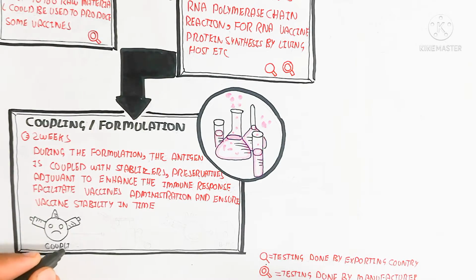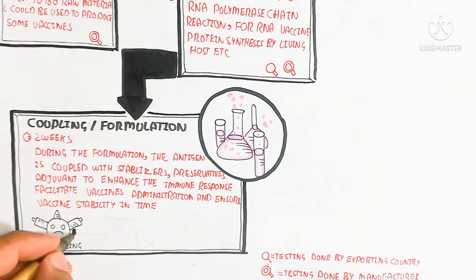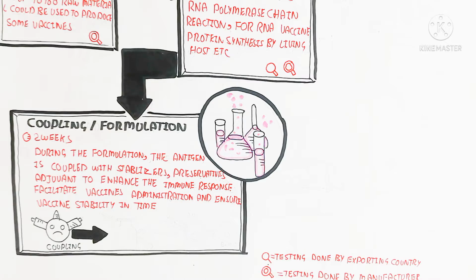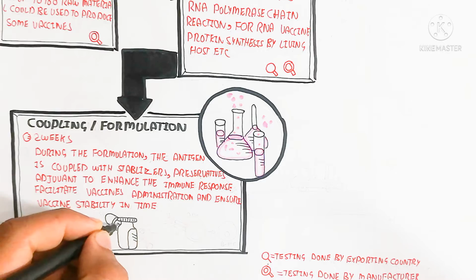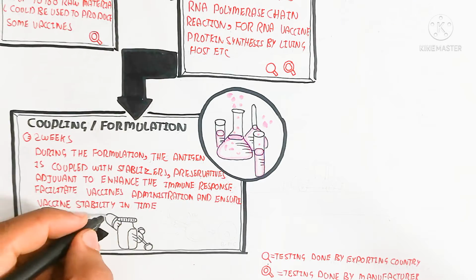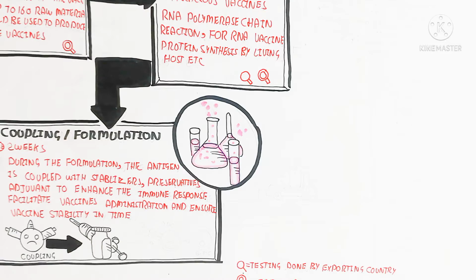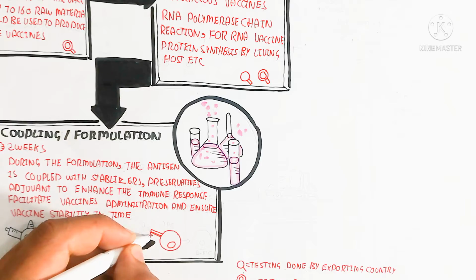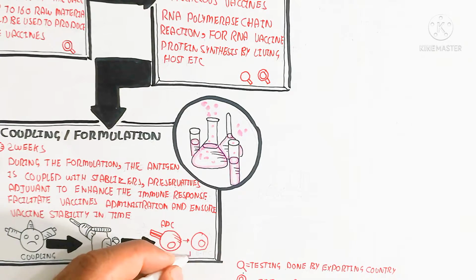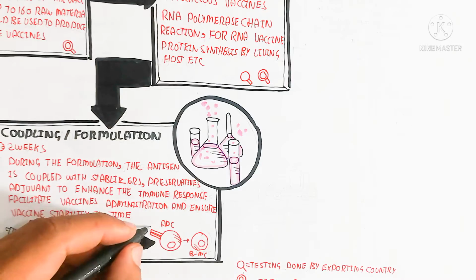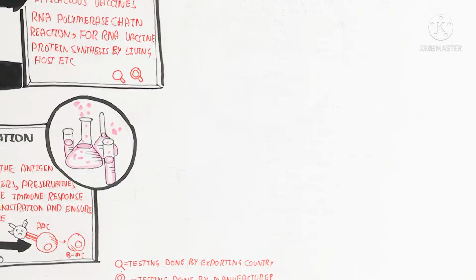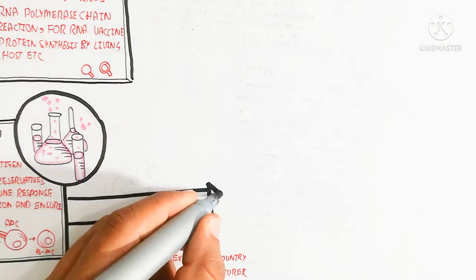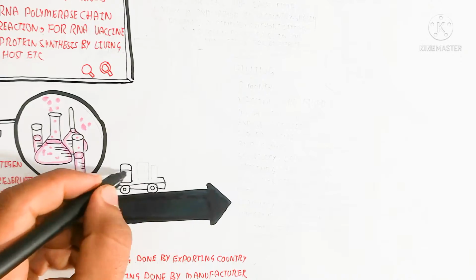In the coupling formulation, for example, the virus is bound to a stabilizer, and within the vaccine it can be stabilized in the long term, so the stability of the virus is increased. When the inactive virus as a vaccine is injected into the human body, the antigen presenting cell can easily detect it, and B memory cells will produce antibodies against this inactive pathogen for long-term immunity.